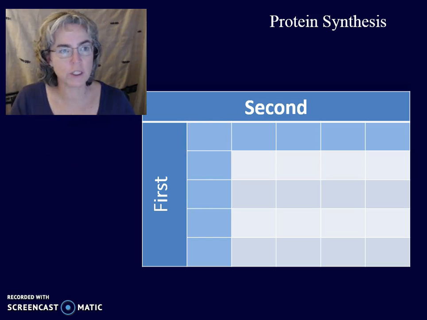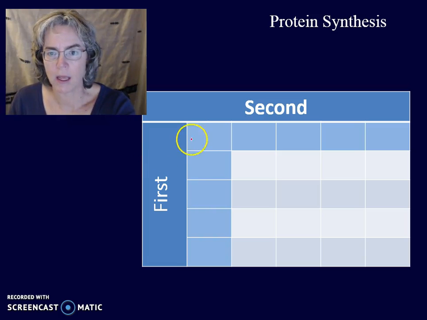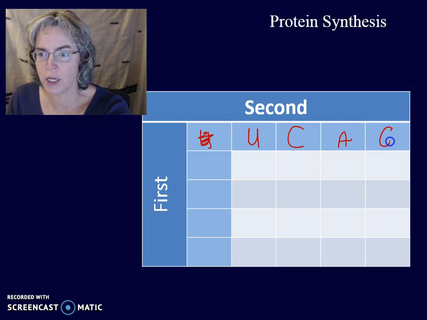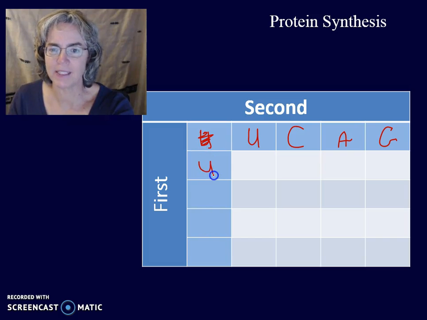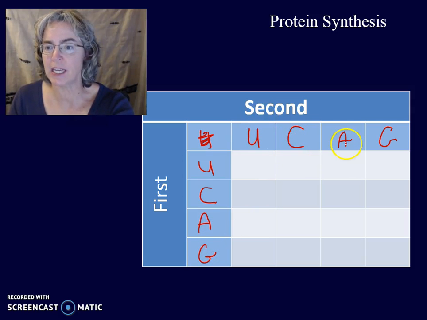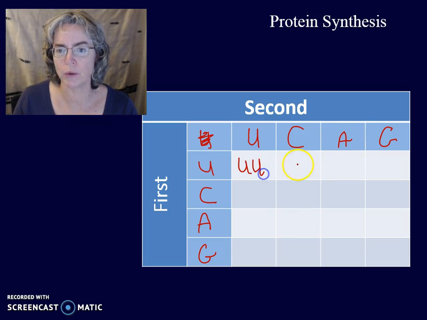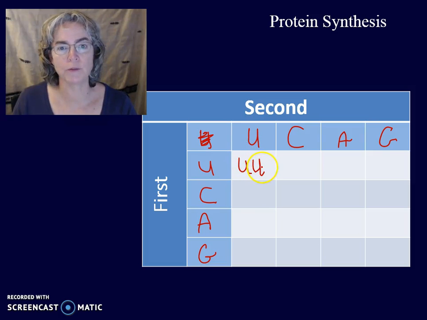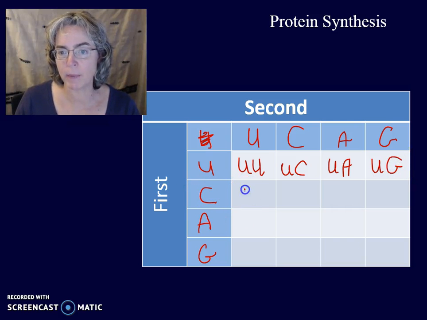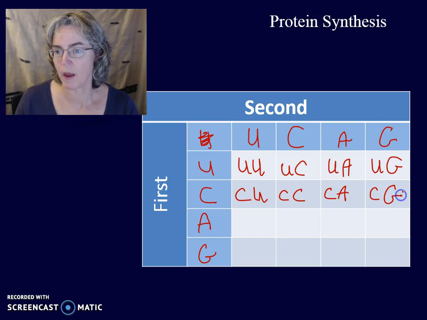Let's say our first letter is U, C, A, G, and our second letter is U, C, A, G. So let's say that UU codes for an amino acid, UC codes for an amino acid, UA codes for an amino acid, and UG codes for an amino acid, and we keep going all the way through.